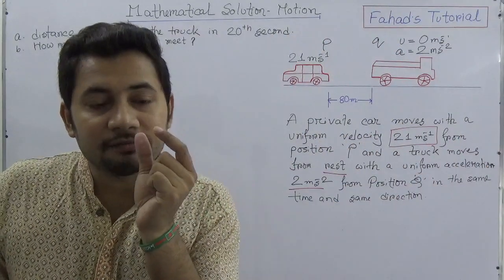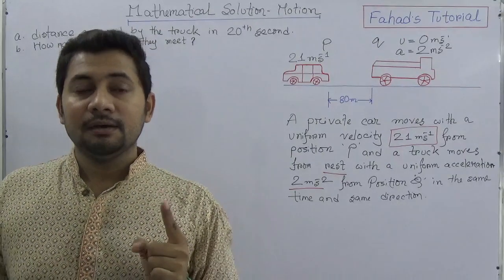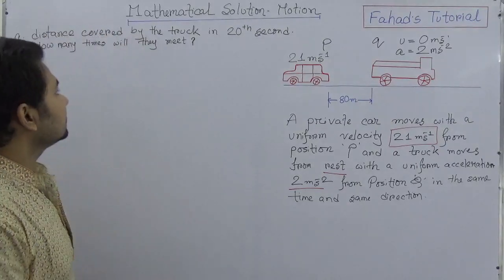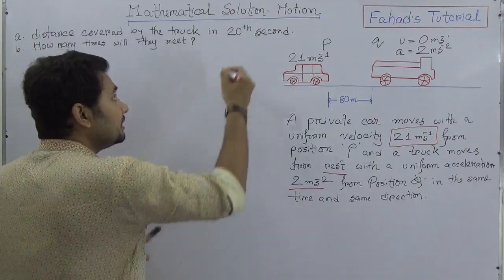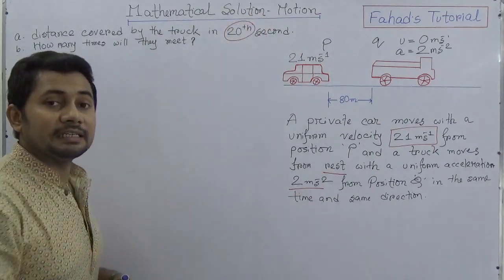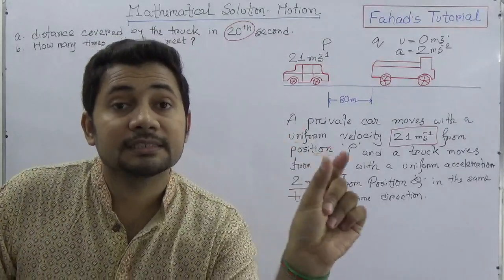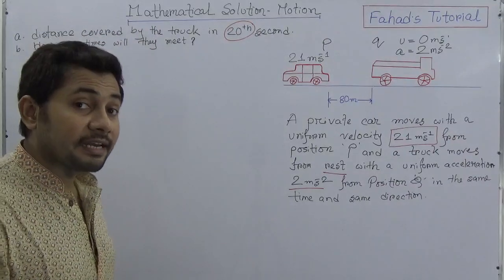It means that particular 1 second, what is the distance covered by that object in that second. So in the question, for the truck in the 20th second, we need to find the distance covered by the truck in that 1 second. I hope you understand.